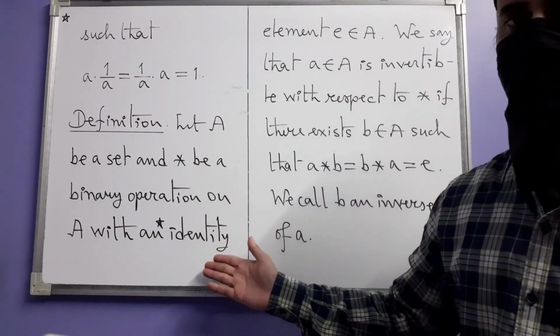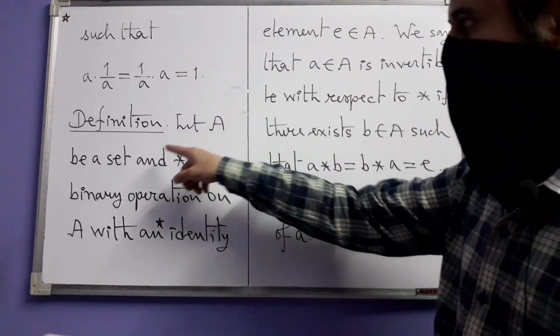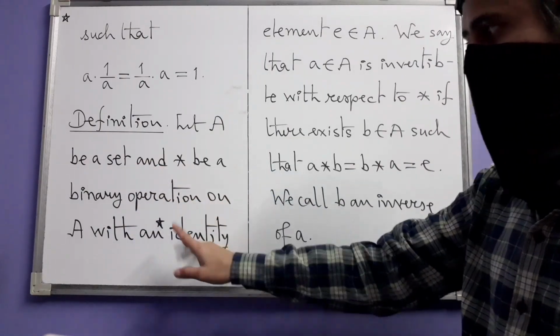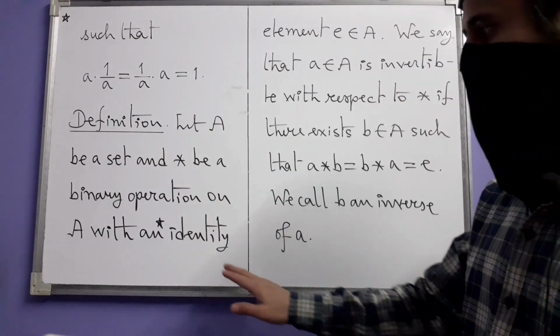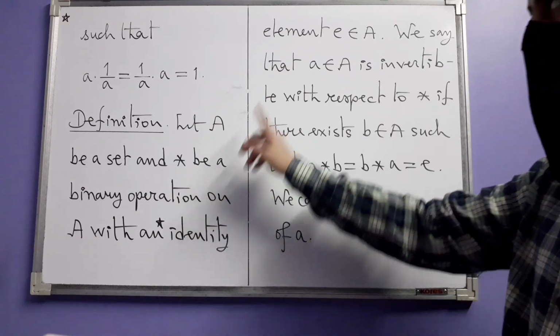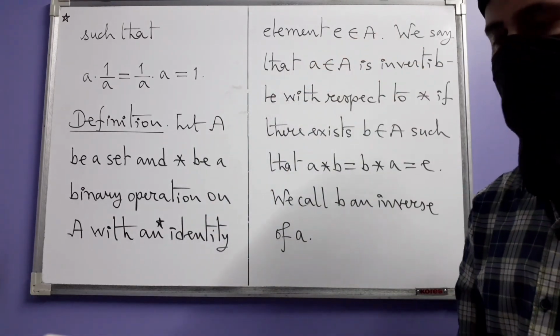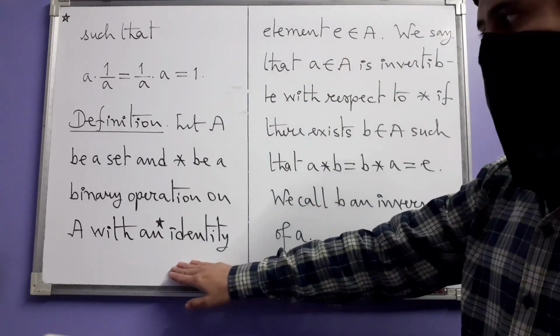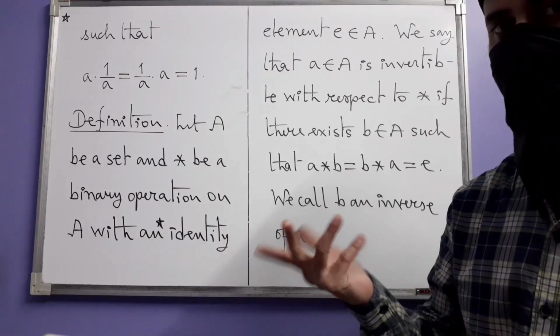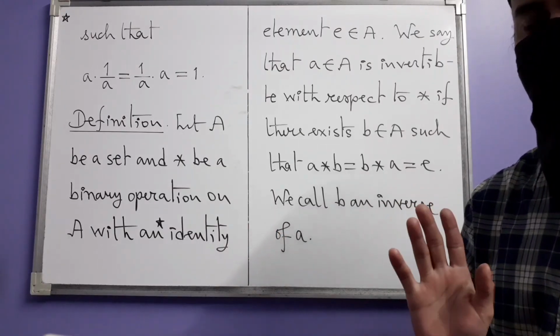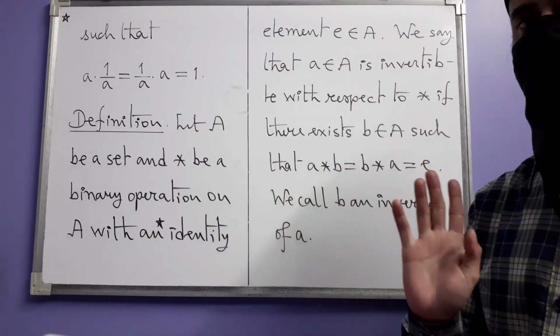This definition, again the same setup: let A be a set and star be a binary operation on A. But now the extra thing is that we have an identity element e in A. We are mentioning this because, as we noted, not every binary operation has an identity element. Say this one has.